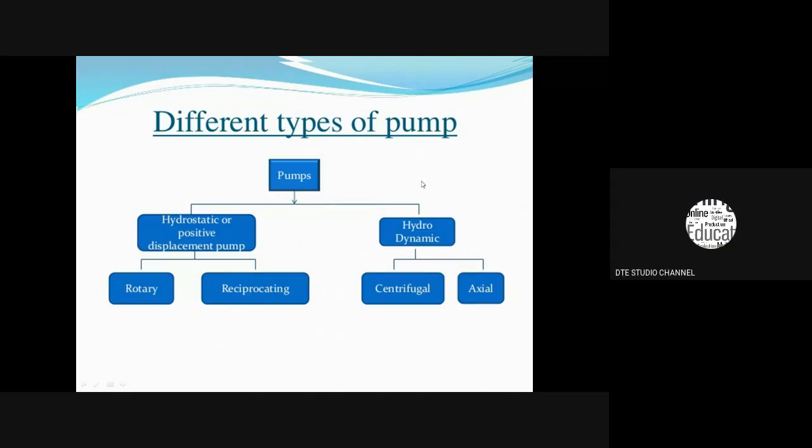They are broadly classified into hydrostatic and hydrodynamic pump. Hydrostatic pumps or positive displacement pumps are again classified into rotary and reciprocating.